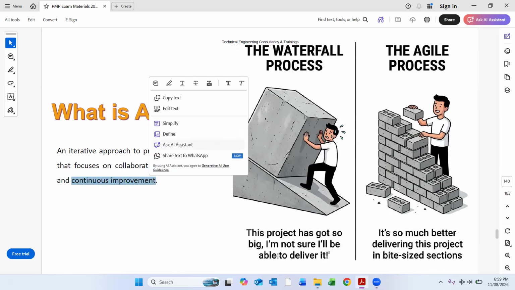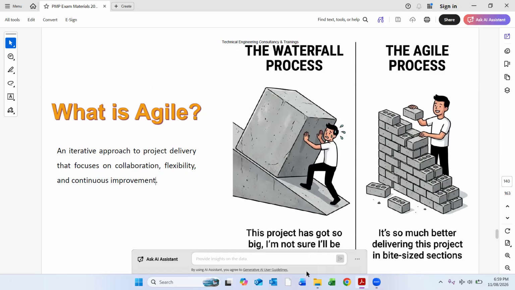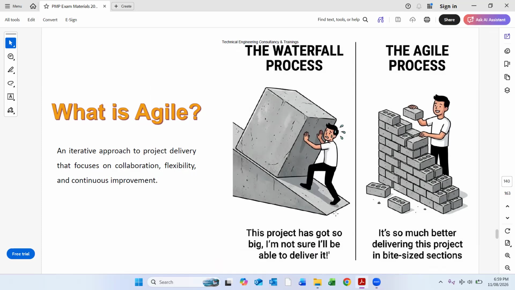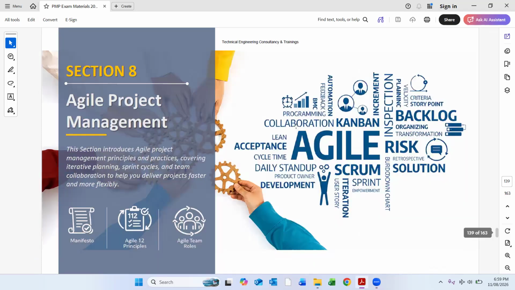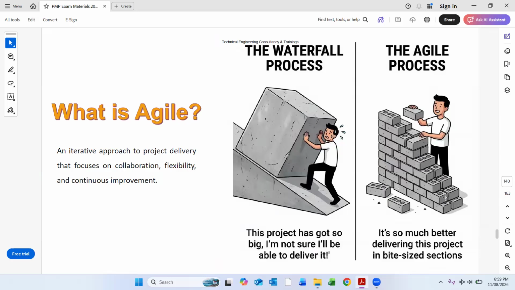So what is the waterfall process and what is the agile process? The waterfall process says, this project has got so big that I'm not sure I will be able to deliver. But in agile, we deliver step by step. It is so much better delivering this project in bite-sized sections. In every sprint cycle, we deliver block by block, so we can reach and complete the project successfully.